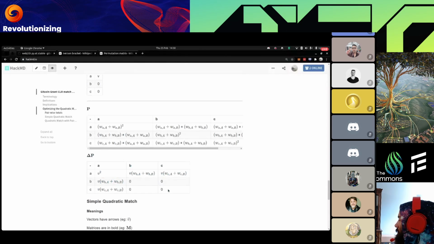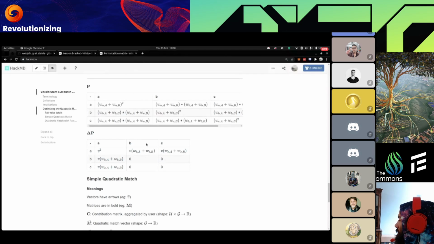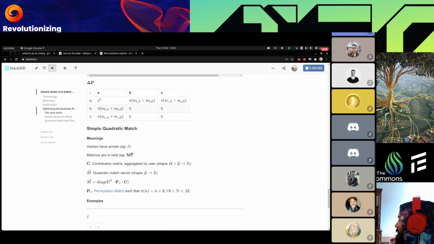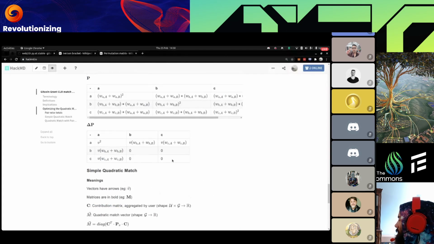But anyway, this is still a work in progress, and a practical way of doing some actual hacking today that I was thinking about would be to implement that calculation here of delta p.